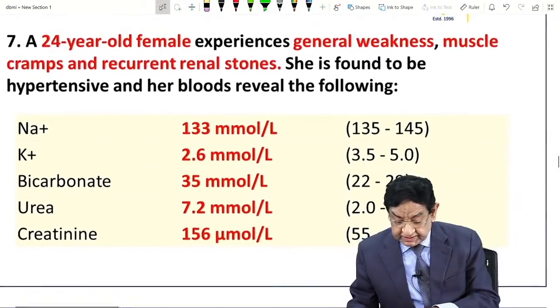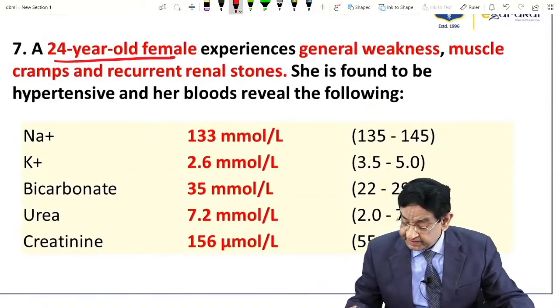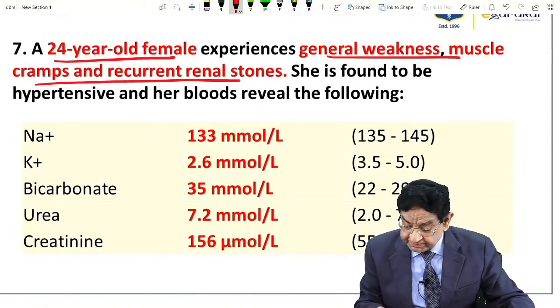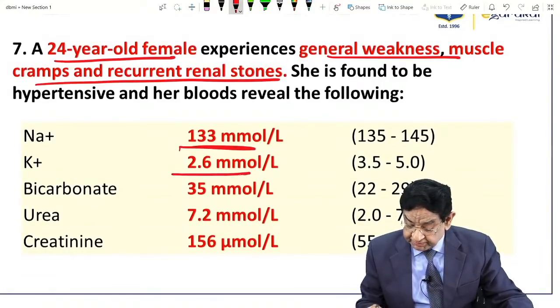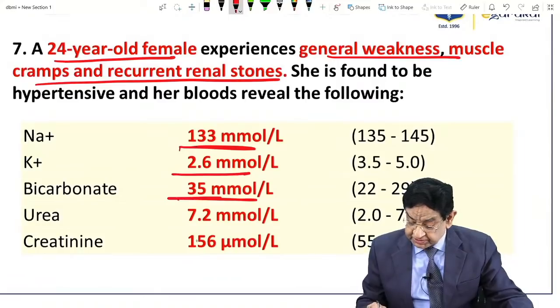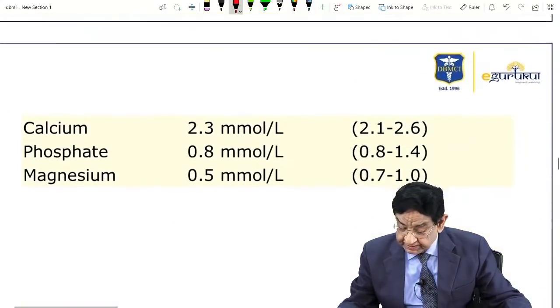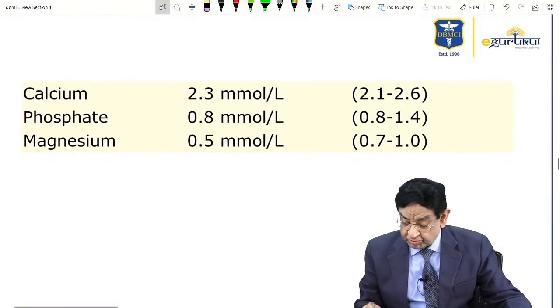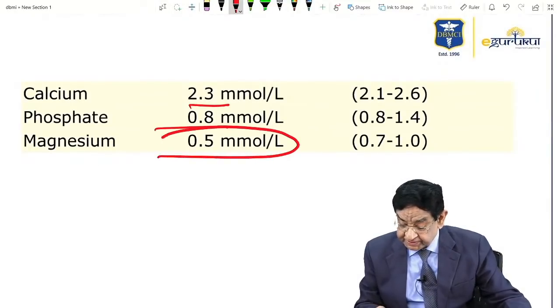We got another patient, a 24-year-old lady with weakness, cramps, renal stones. Sodium is slightly reduced, potassium reduced, bicarb high, metabolic alkalosis. Urea is slightly increased, creatinine is increased, calcium level is almost in the normal range, phosphate normal, magnesium is low.